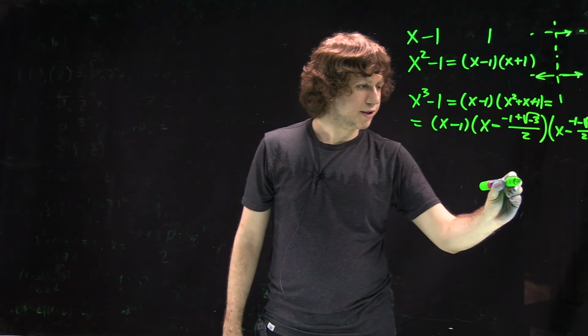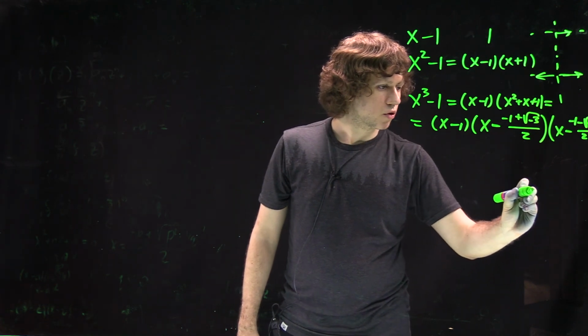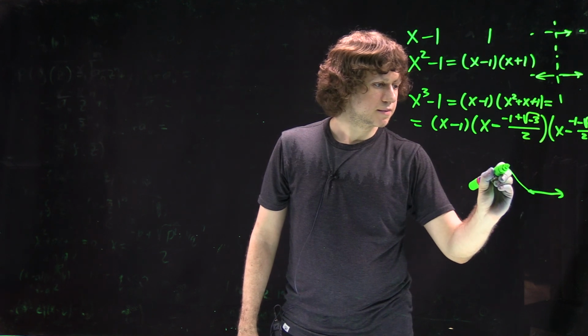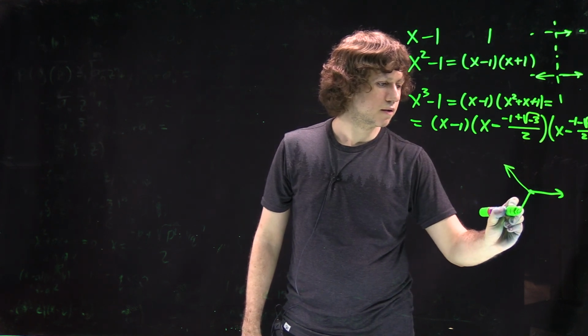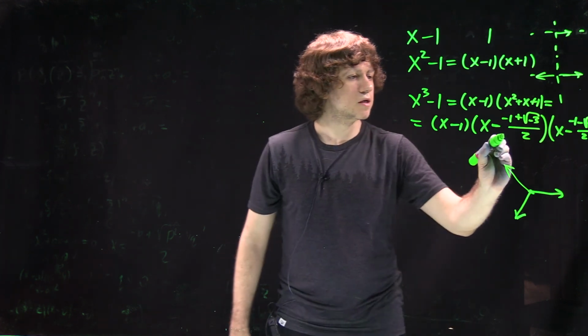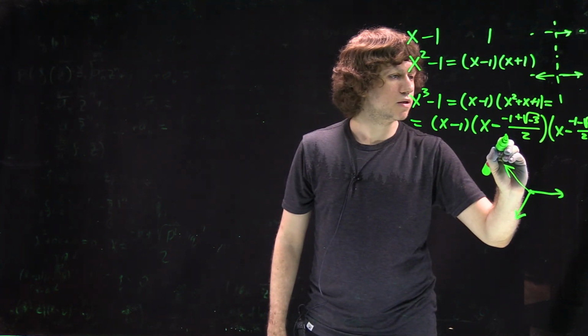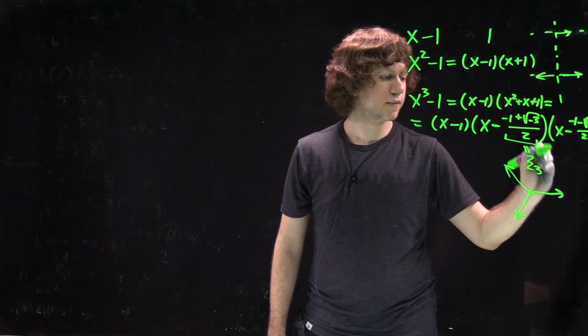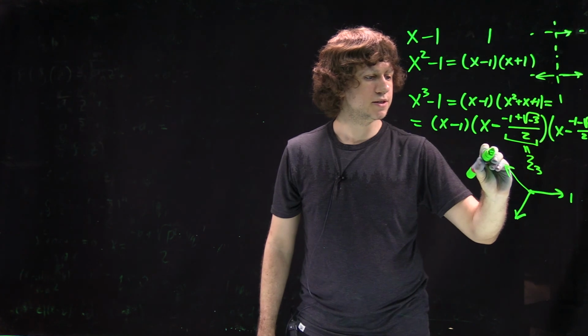So I can draw it approximately very easily. So that's something like this. And let me call this number zeta 3. This is 1, that is zeta 3.